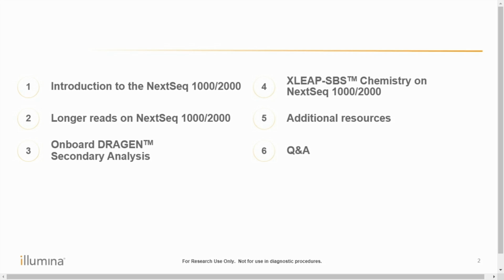And then Deepthi will go over the onboard DRAGEN secondary analysis capabilities of the system and how they could streamline your bioinformatics pipelines in your lab. Finally, we'll cap off the presentation by sharing some early information on our new XLEAP-SBS chemistry that will be enabled on the NextSeq 1000 and 2000 systems early next year. And then we'll reserve some time at the end for questions, so please feel free to throw those into the chat as we move along.